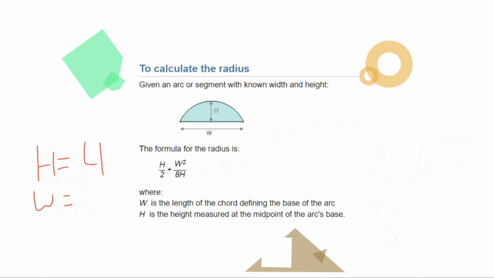So now we can just plug these values in and solve this equation easily. So h divided by 2, 4 divided by 2, that's 2. And then this is width squared, and this is 169 divided by 8h, which is 32, because 8 times 4 is 32. So if I just write this down, 169 divided by 32.